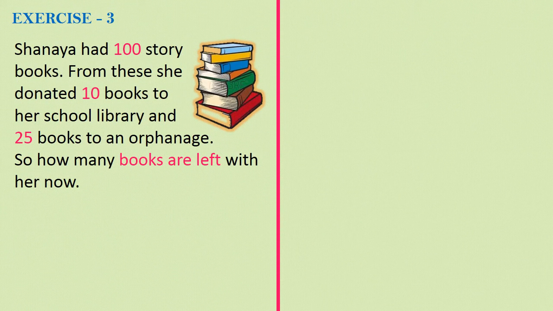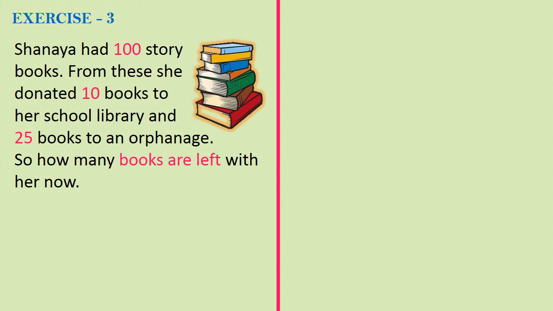Children, will you be able to solve the next problem with me? Let's read. Shania had 100 storybooks. From this, she donated 10 books to her school library and 25 books to an orphanage. So, how many books are left with Shania now?